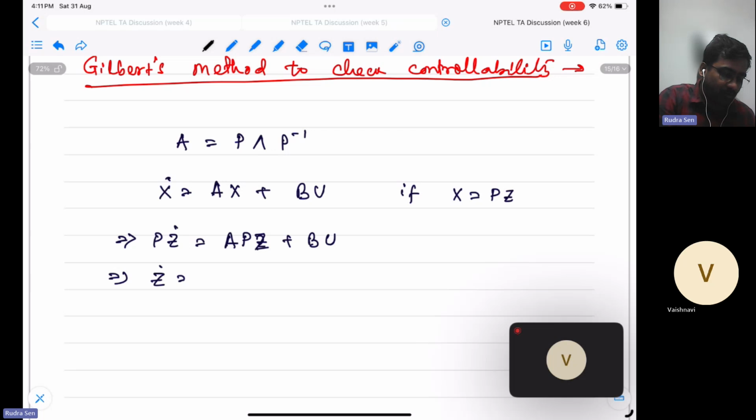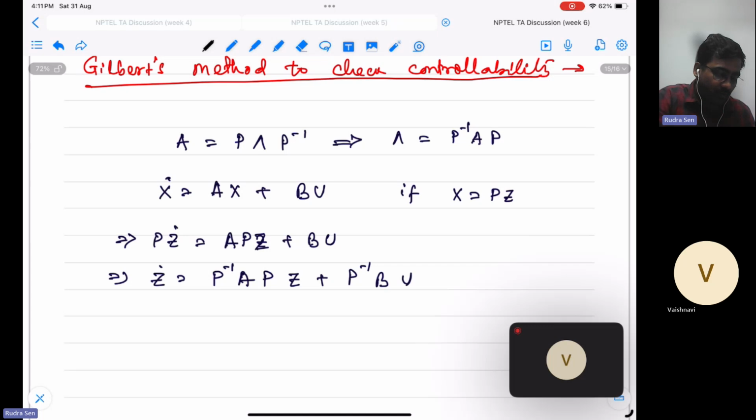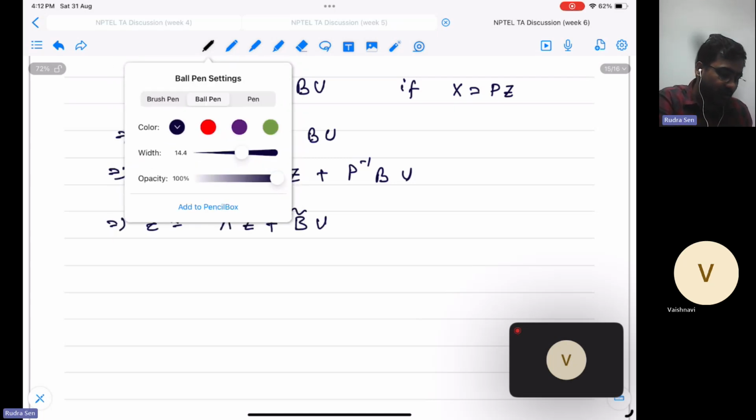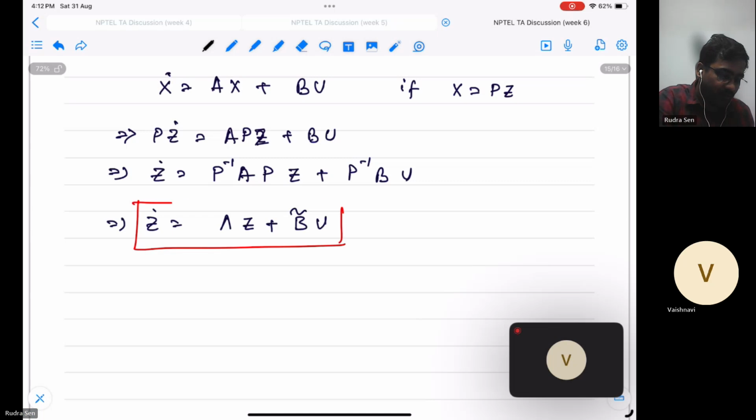So Z dot equals P inverse A P Z plus P inverse BU, where lambda equals P inverse AP. So Z dot equals lambda Z plus B tilde U. This is the new transformed system.